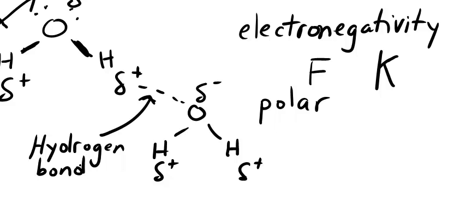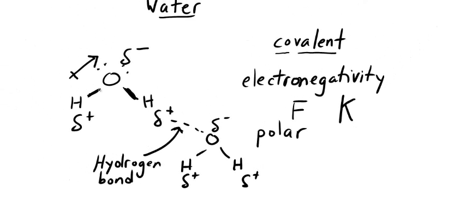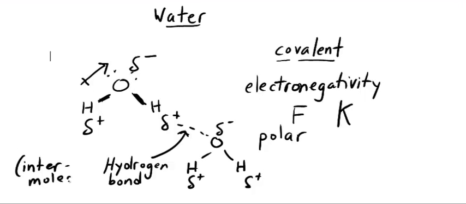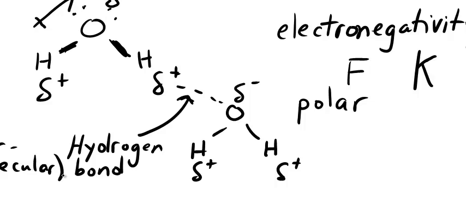And this is different from the bonds you've learned about before, because this is a bond between molecules. Right? The bonds you've learned about, like ionic bonds and covalent bonds, are within a molecule. These bonds between molecules are called intermolecular. Inter means between. Intermolecular.